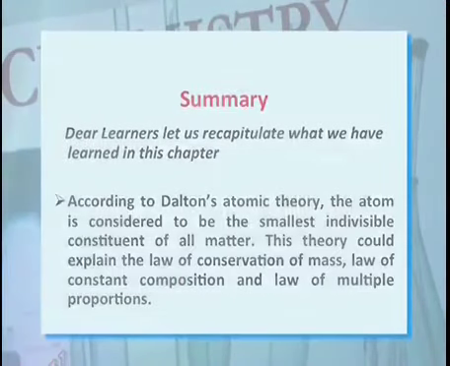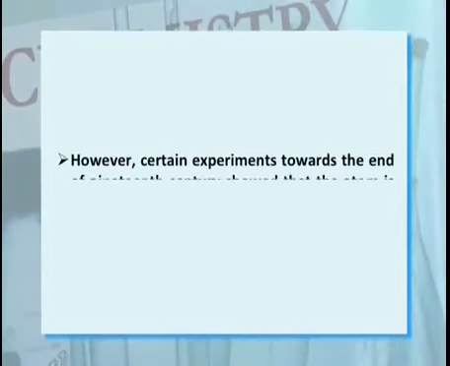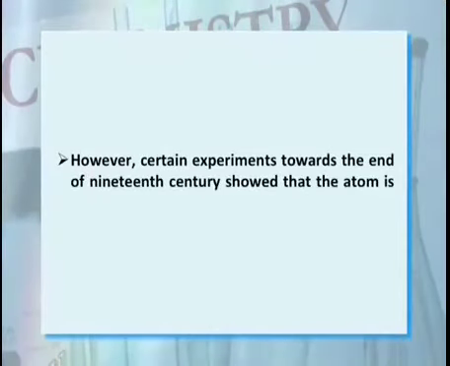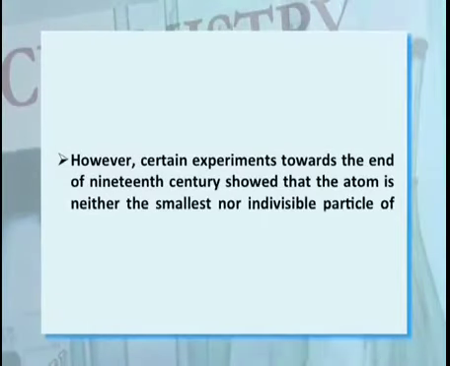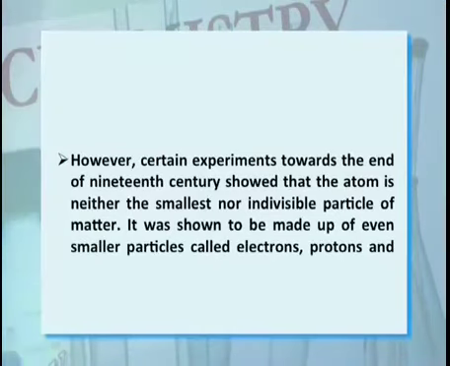However, certain experiments towards the end of the 19th century showed that the atom is neither the smallest nor the indivisible particle of matter. It was shown to be made up of even smaller particles called electrons, protons and neutrons.